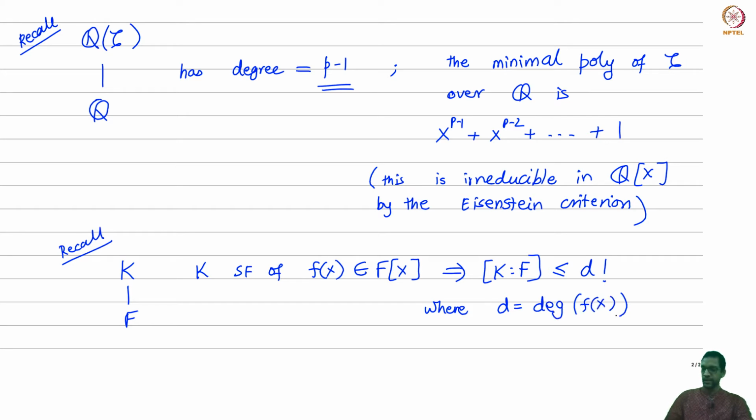So in this particular example, it's at most p factorial, but in reality it's much smaller, which is actually just p minus 1.